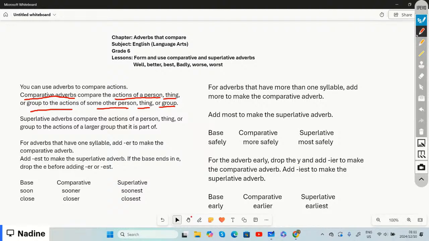So it's basically comparing the actions of two people, two things, or two groups.